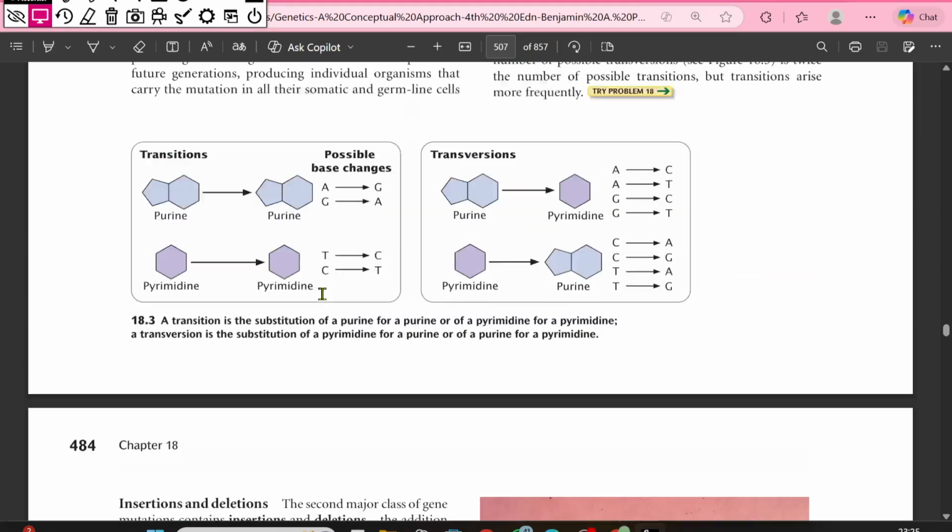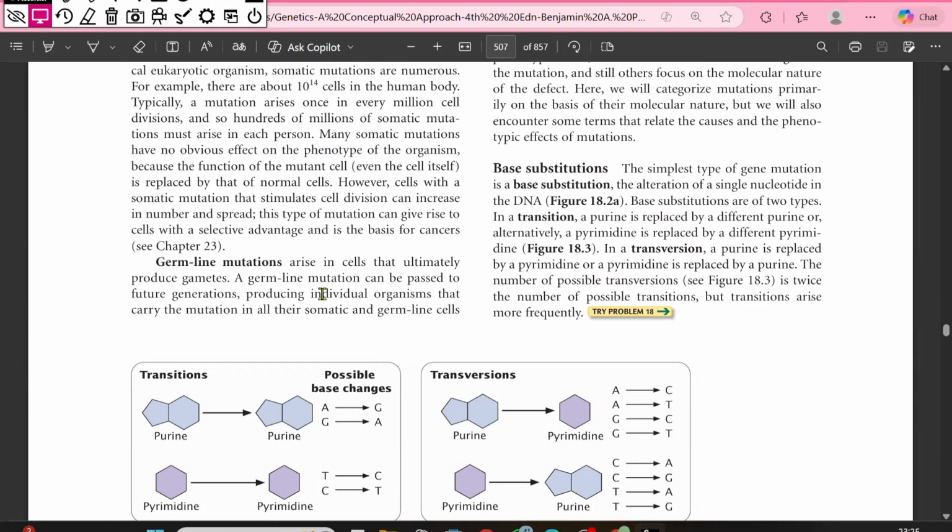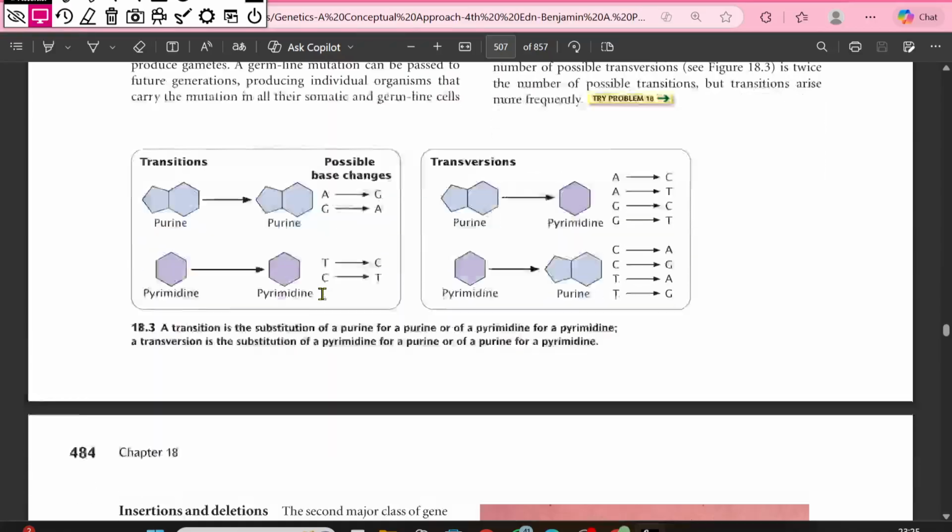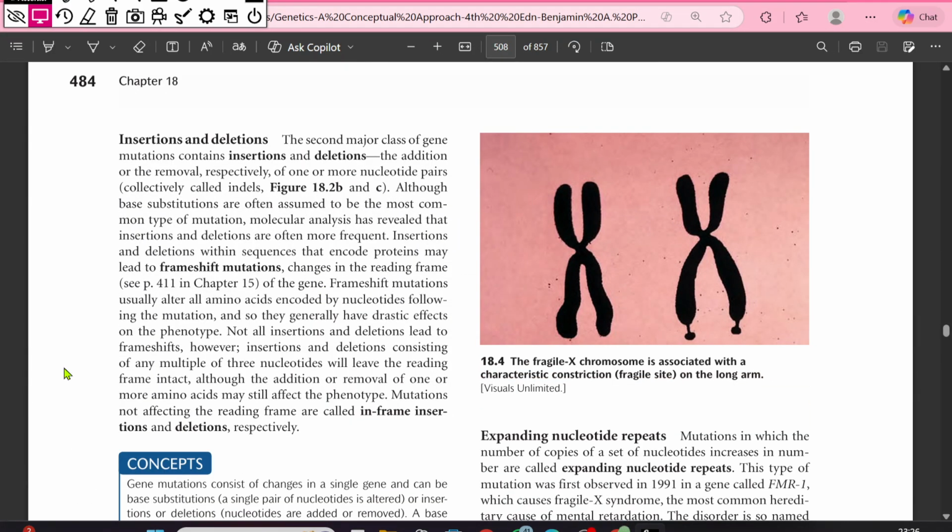First was the base substitution that I have already talked about. Second is insertions and deletions. Insertions and deletions refer to where a group of nucleotides can insert themselves or delete themselves. Now this is very common sense. If 1, 2, 4 or more nucleotides are inserted or deleted, they will cause a shift in the reading frame from the point where they are inserted.